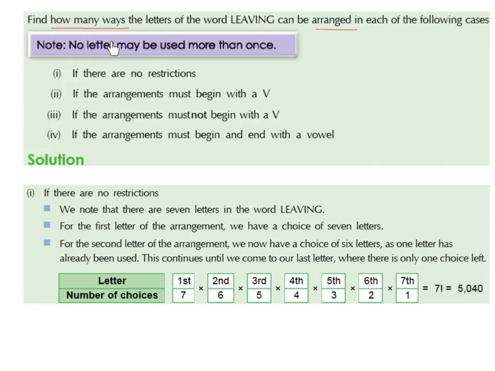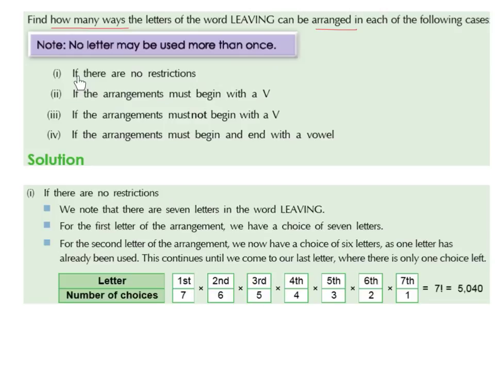Note, no letter may be used more than once. This is very important. So how many ways can the word leaving be arranged? If there are no restrictions, if the arrangements must begin with a V, if the arrangements must not begin with a V, and if the arrangements must begin and end with a vowel.